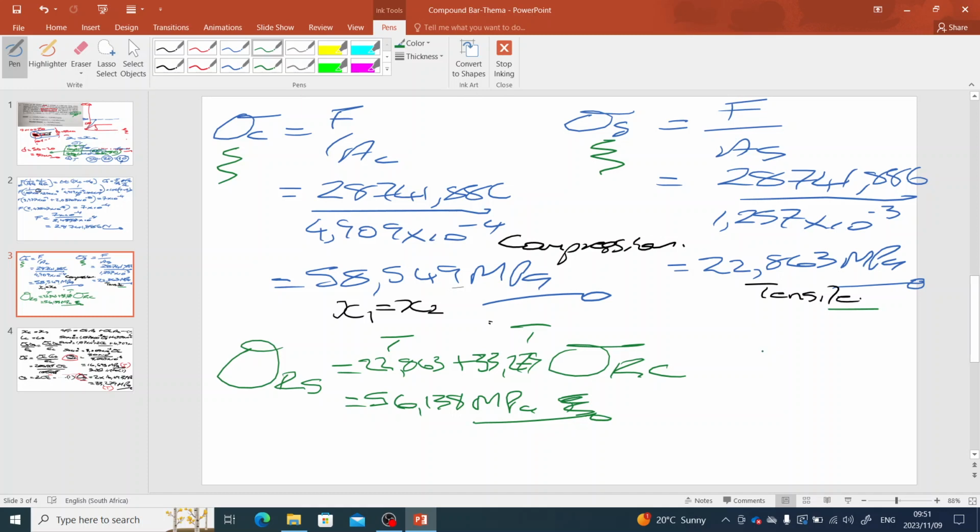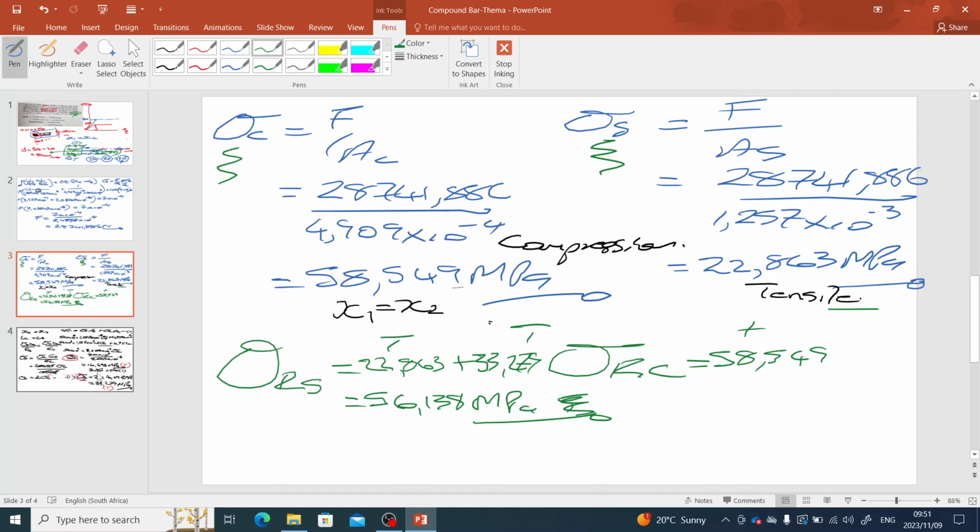Then coming to the stress copper, we said the stress copper here is 58,549. It is compression, so it is plus.